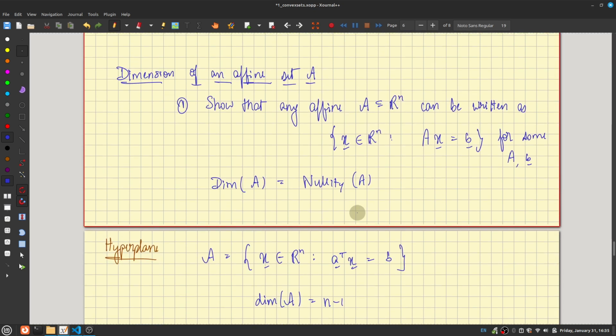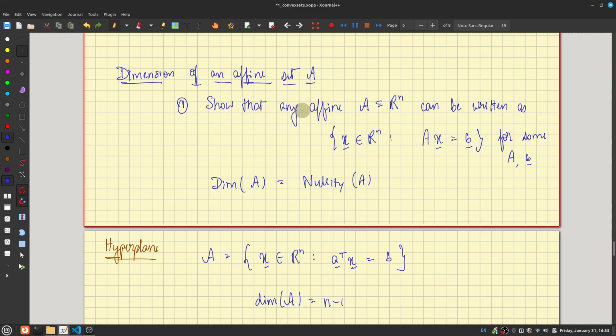Yeah. Dimension of affine set. So first I want to define the dimension of an affine set. If I can define the dimension of an affine set, I can define the dimension of any set just by looking at the affine hull of that set. Correct? So how do I define the dimension of an affine set?